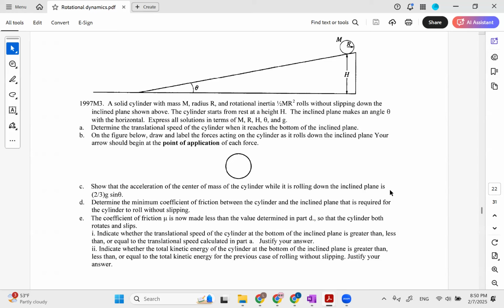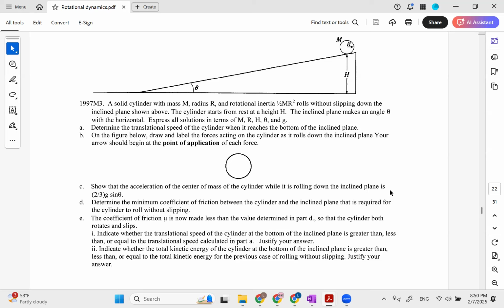Rohan, you can read the question. A solid cylinder with mass m, radius r, and rotational inertia 1/2 mr squared rolls without slipping down the inclined plane shown above. The cylinder starts from rest at a height h. The inclined plane makes an angle theta with the horizontal.